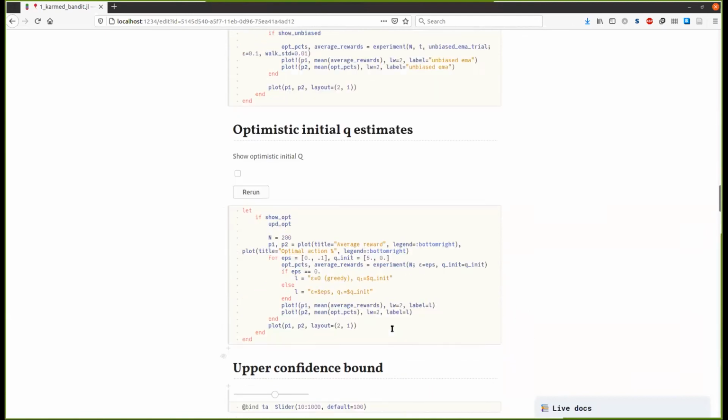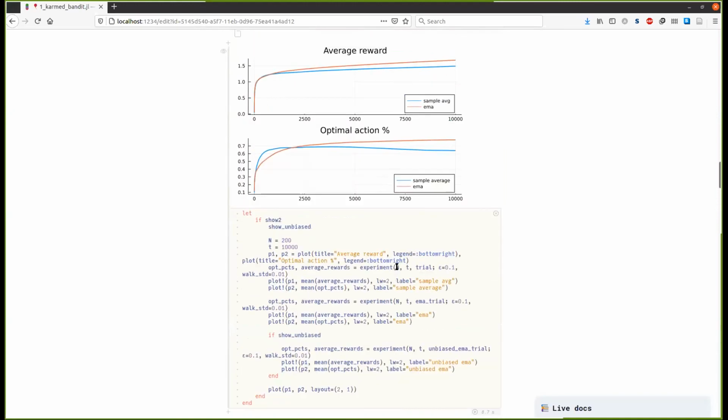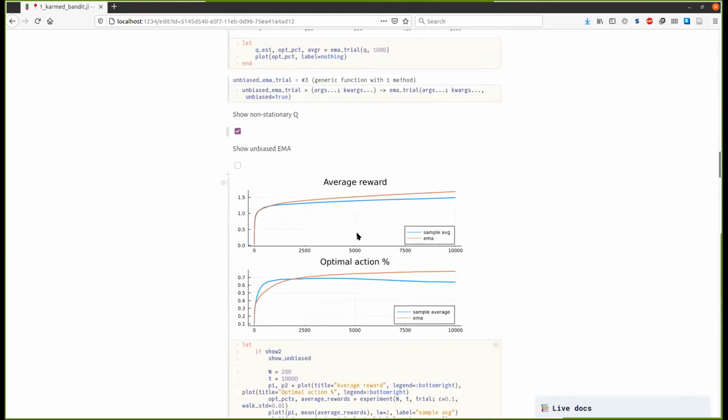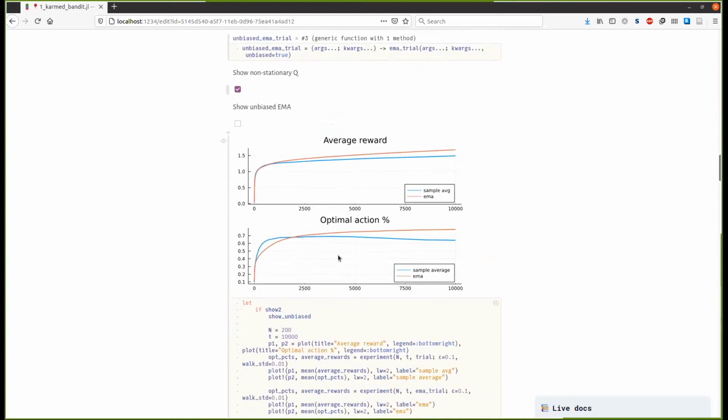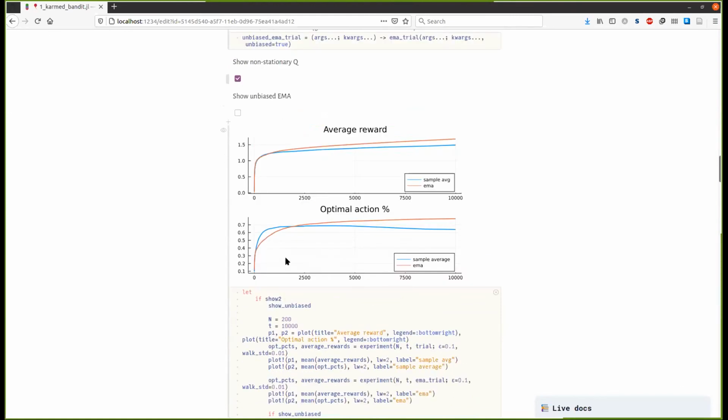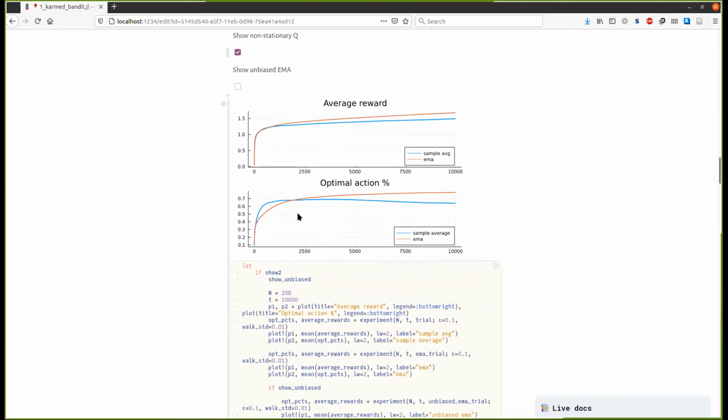And as Steve mentioned, one simple way to overcome this would be to decay the epsilon over time. But again, this will not help with the non-stationary case. You mean non-stationary, right? Yeah, non-stationary.